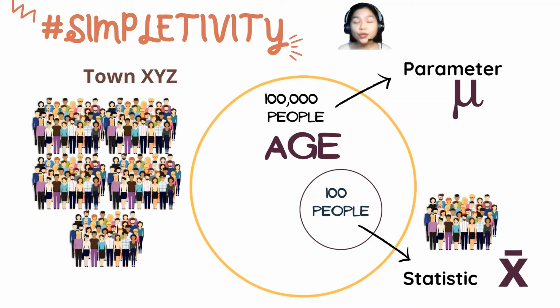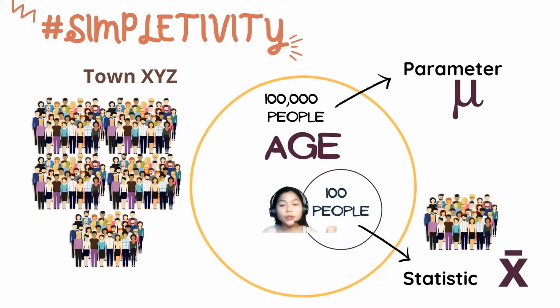So if you're going to interview, of course, the entire population, remember, 100,000 people, iba-iba yung age brackets nila, you will be using the parameter because the parameter describes a population. So we will be having this sign, okay, we call this mu, to define the mean of the parameter.